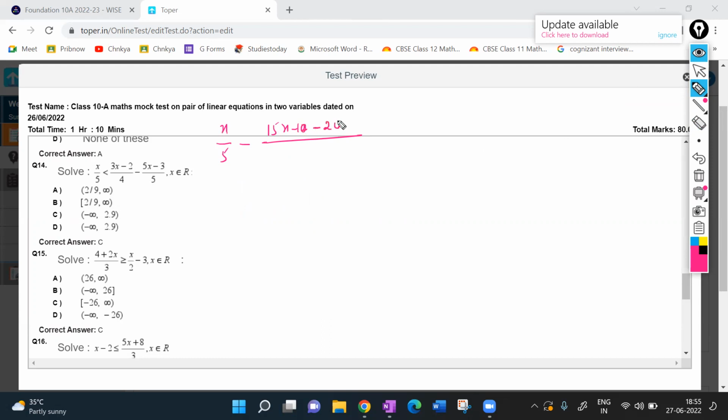Minus 20x minus 12 by 20, correct? x by 5 when x less than ... plus 12, correct? So minus 5x plus 2 by 20. Am I correct, beta? So what I do here is I can cancel 5 ones, 5 fours.